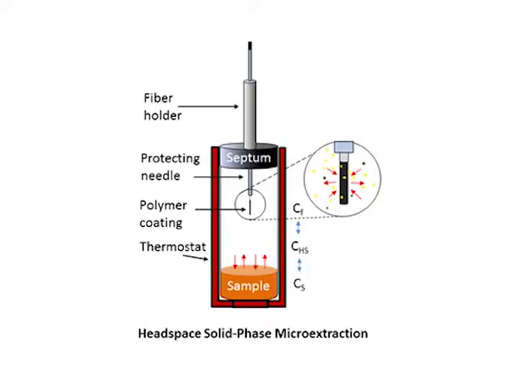Solid phase microextraction, SPME. Solid phase microextraction is an extraction technique for organic compounds in aqueous sample in which analytes are absorbed directly from the sample onto the fused silica fiber that is coated with an appropriate stationary phase.